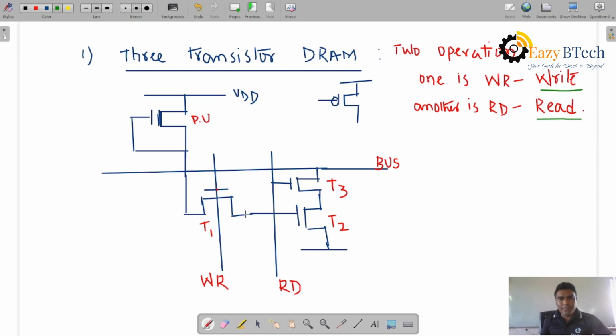So it is a memory stored in transistors. The data bus is here: pull-up transistor, T1 transistor, T2 transistor, and T3 transistor. The read write operation is applied. So first let us see this one.